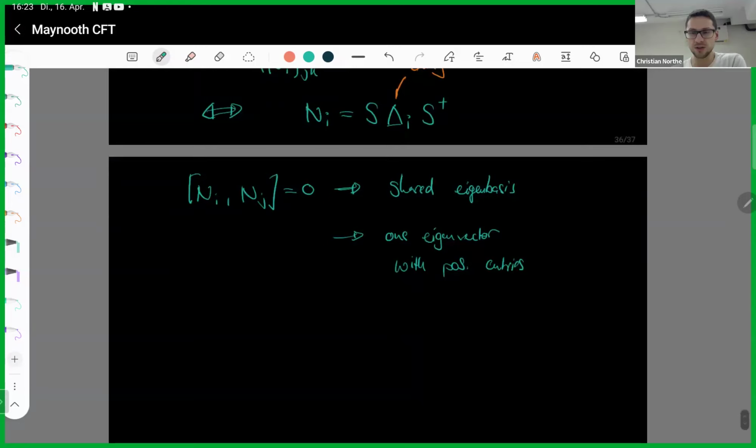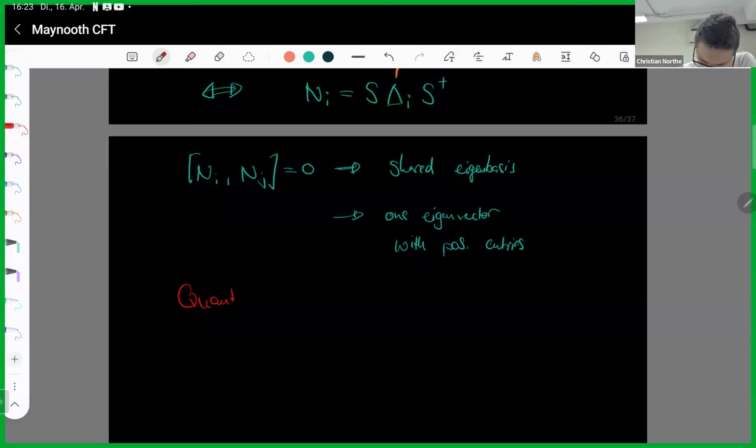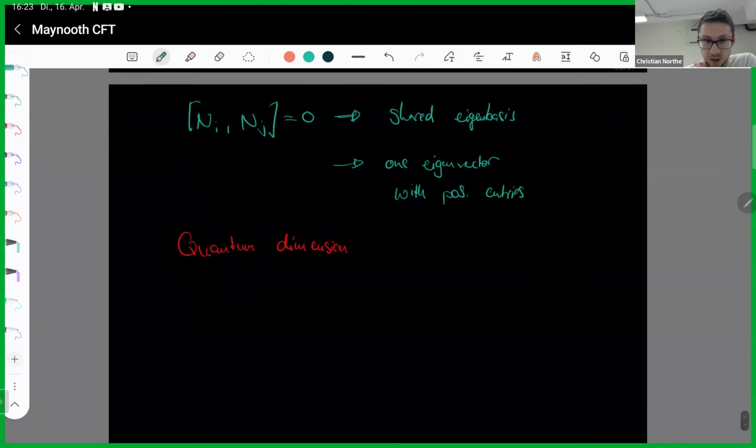And these positive entries turn out to be the eigenvalues, one particular eigenvalue of the fusion matrices, and they're called the quantum dimension. And this is another concept that appears all the time in topological matter.